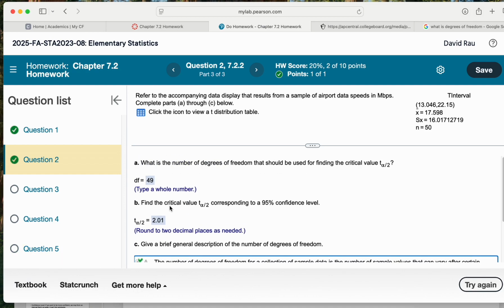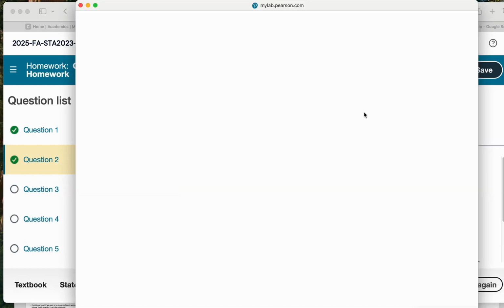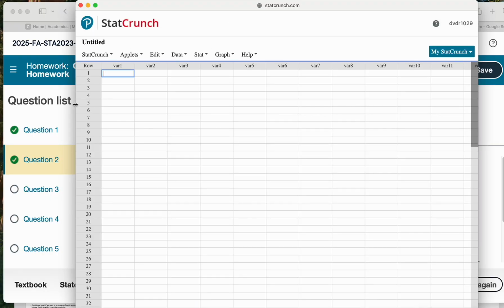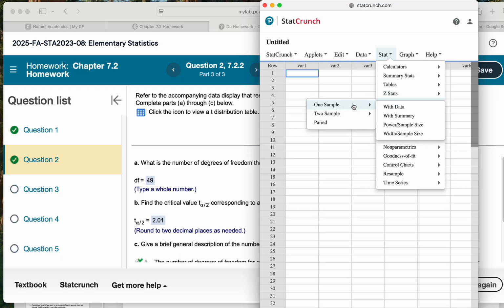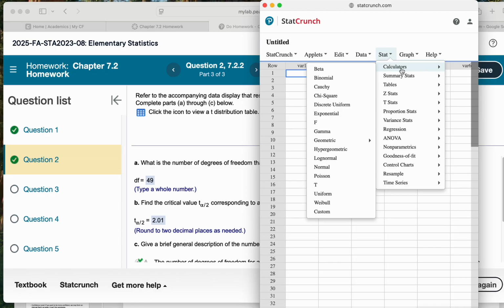Okay, but the one other thing we need to do, though, is although we do have the degrees of freedom, simple calculation, just n minus 1, and we were able to use the table, of course, the question is, how do I do it in StatCrunch? And so let's see how we do it in StatCrunch. So if we go to Stat, and we go to T-Stats for, actually, let's see here, calculators, it's probably there, T-Table.